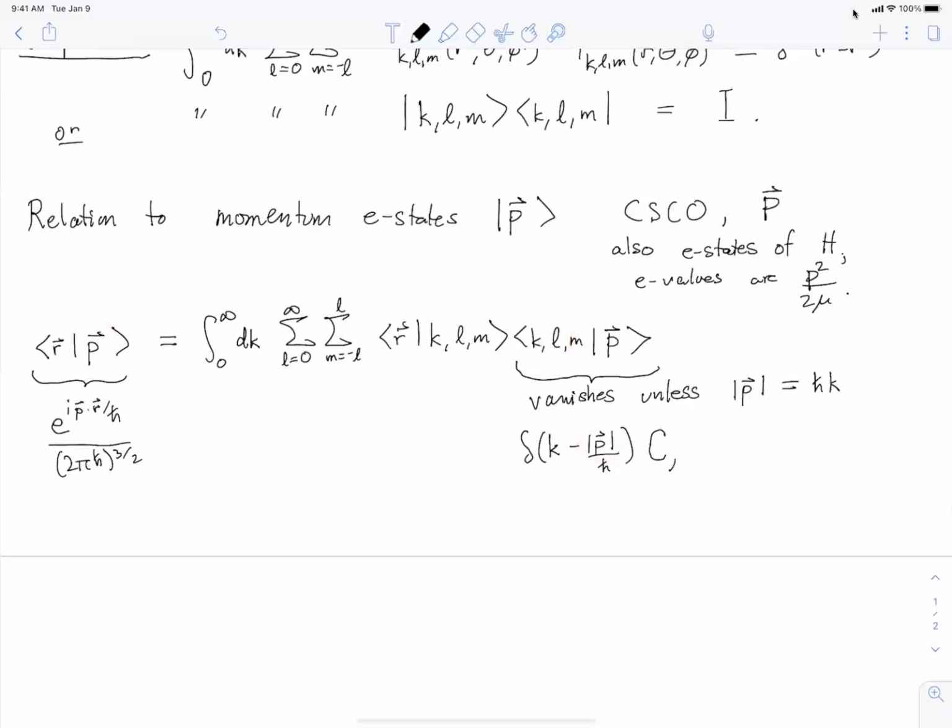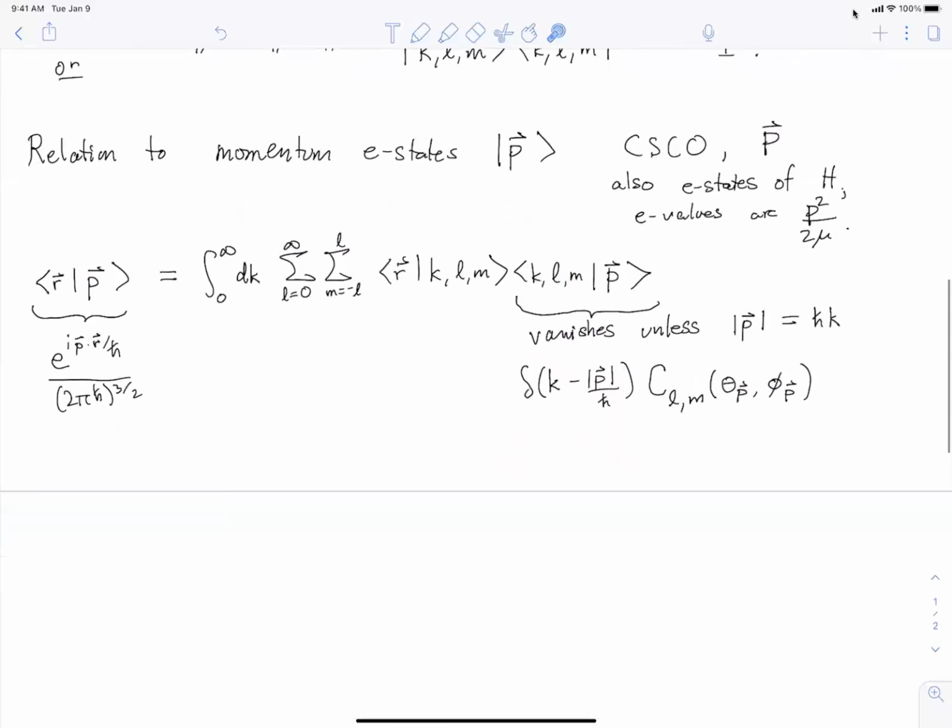It depends on L. It depends on M. It depends on the angle of the P vector in theta and the phi angle of the P vector. So it depends on the direction of P, but it doesn't depend on the magnitude because, again, the magnitude is already incorporated in the delta function.